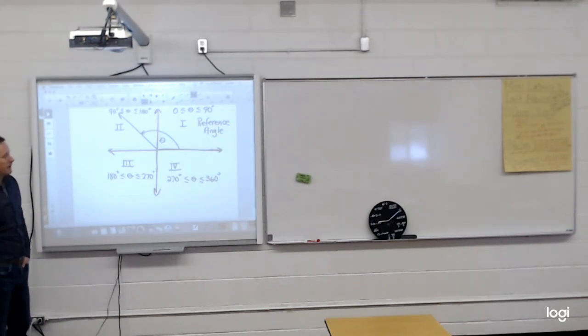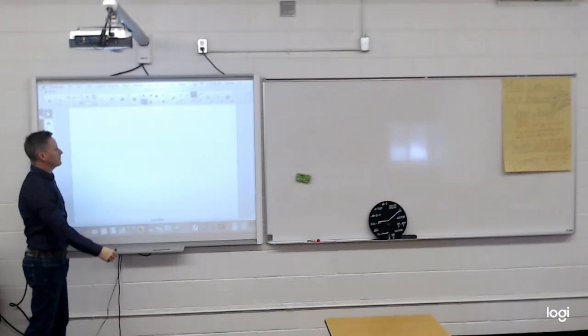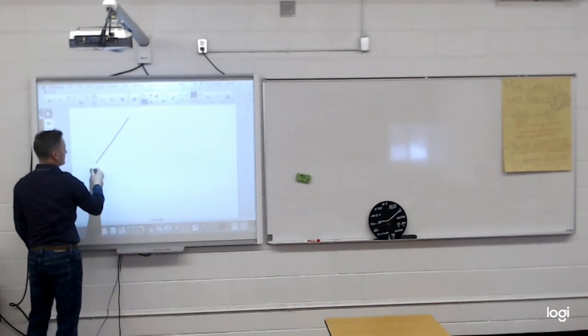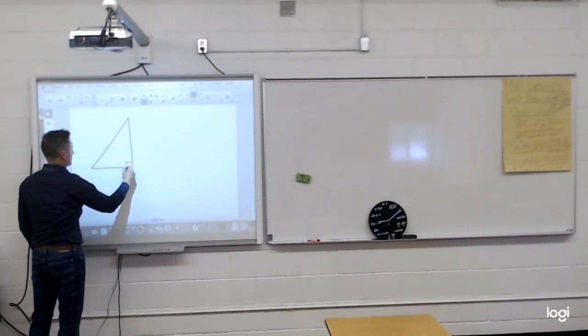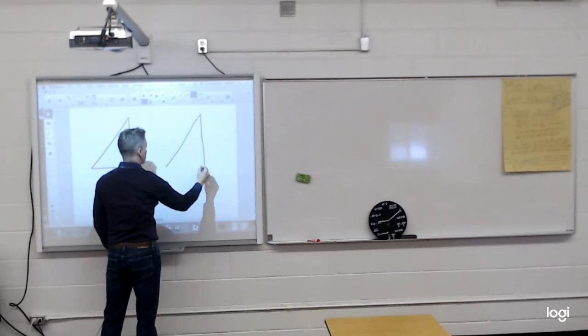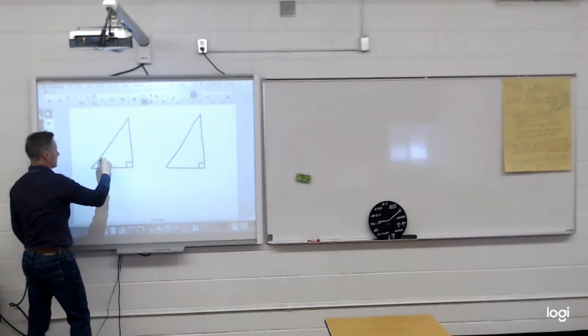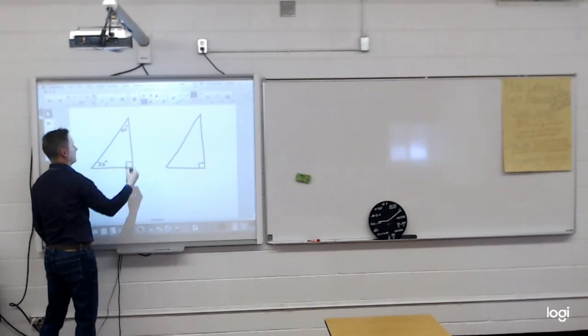Okay, now, if there's no other questions about that, we have two extremely important triangles that we need to know, and one of which will be slightly different than what the book looks like. And I'll explain that in a second. The first one is a 30, 60, 90 triangle.